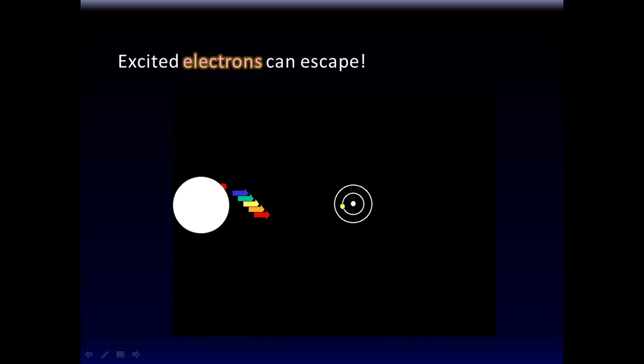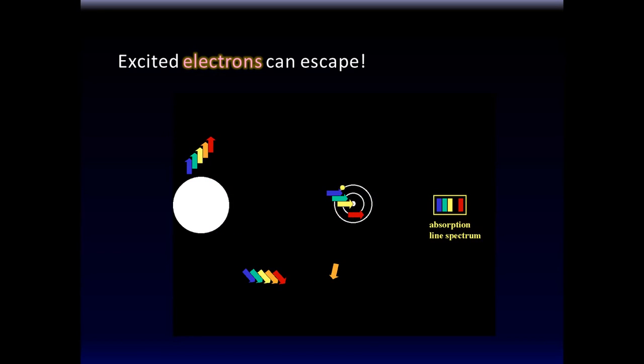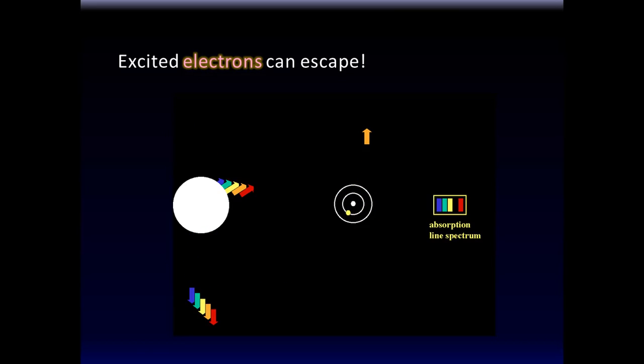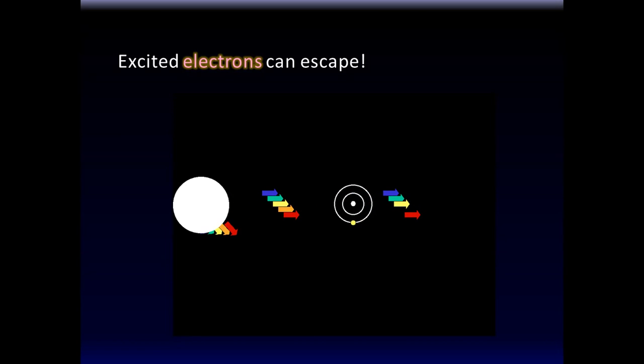So here's what happens. The light comes over here, and the light energy strikes the electron, and that electron becomes energized. Now plants look green because that's the only wavelength of light that they don't absorb, and that light is reflected to our eyes. They absorb best in the blue and red wavelengths, and green is reflected, so that's why plants look green. So here's the electron being energized and going to a higher level.